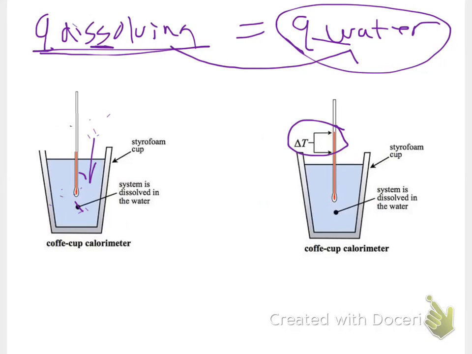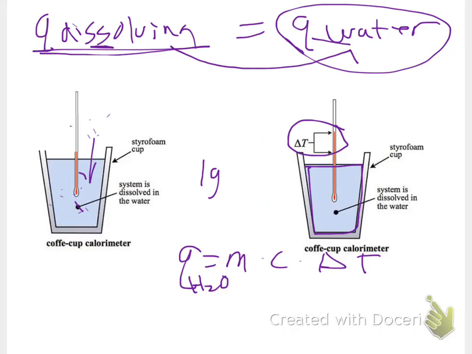And in both cases, what we're going to use is Q equals MC change in T, and that's going to be our value for what the water absorbs. We're going to assume that the entire volume is the mass of the water. Water is 1 gram per milliliter in density, so 100 milliliters is going to be 100 grams.